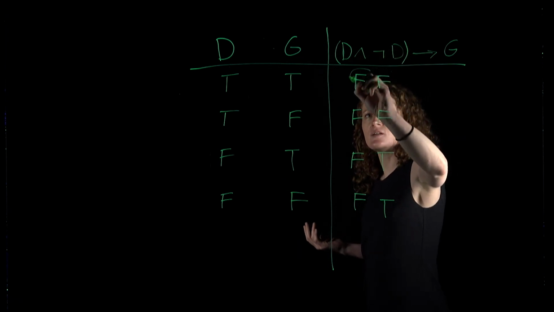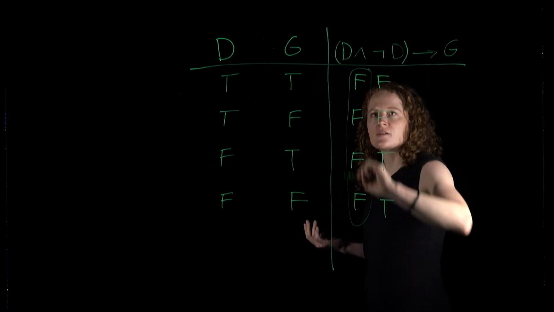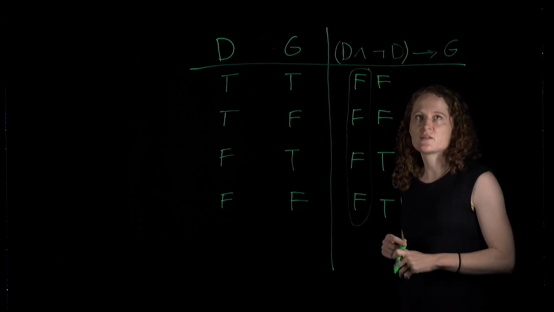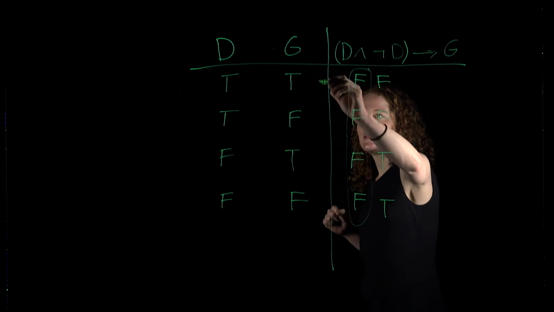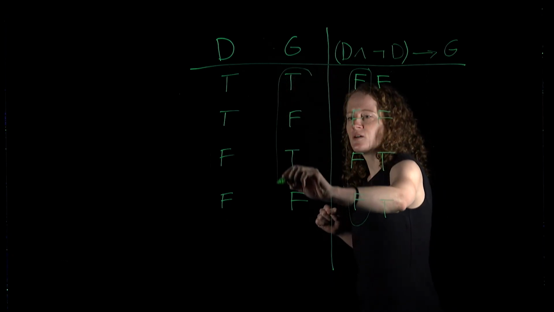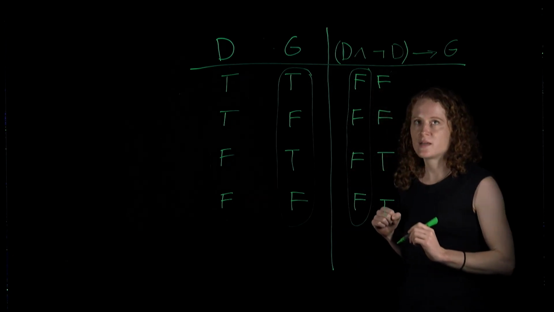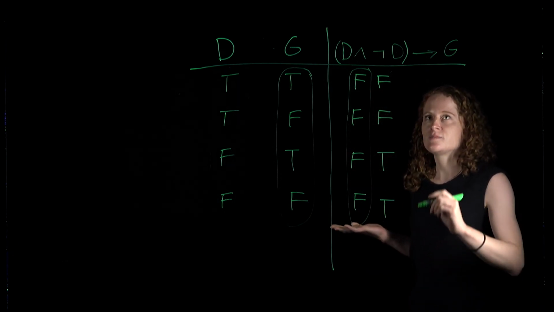And so I need to look at the column under the conjunction sign when I want to determine the truth value of my conditional. And the consequent is the atomic sentence G, so I also need to look at this column here.